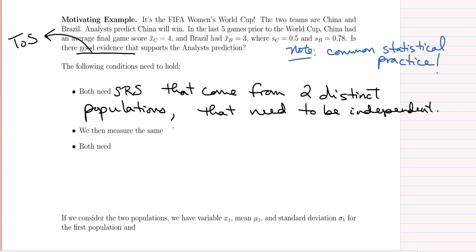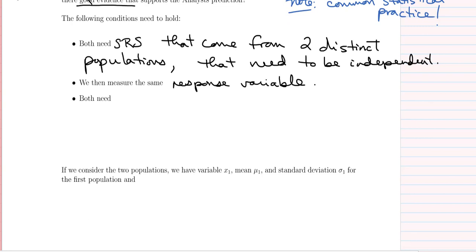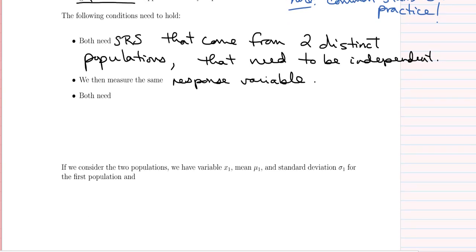We then need to measure the same response variable. We need to be measuring the same thing in both populations. It doesn't make sense for us to compare goal scores for one team and yards run for the other.